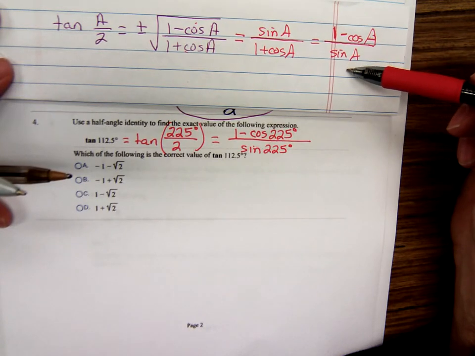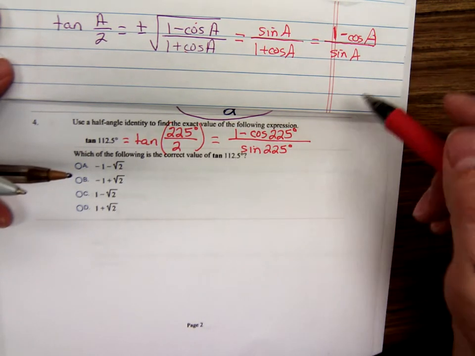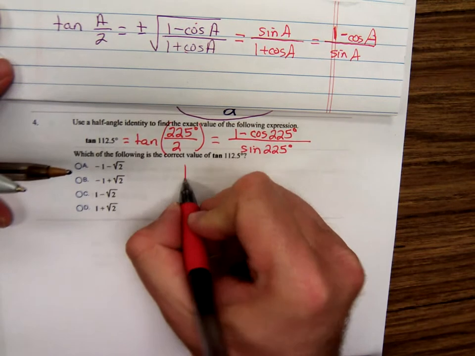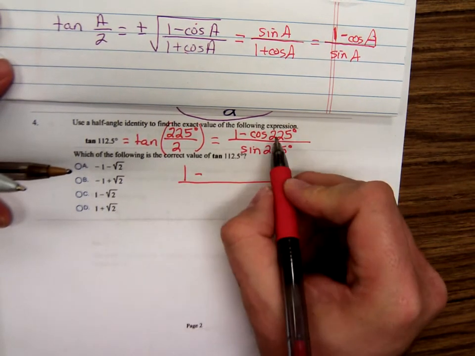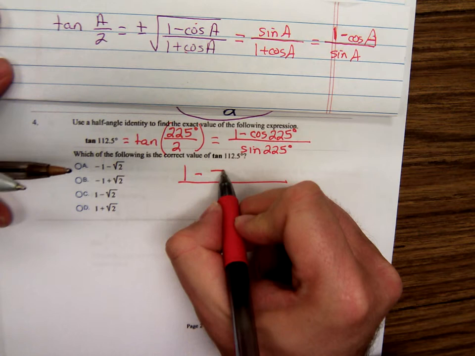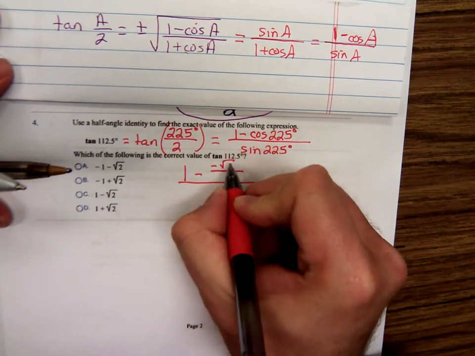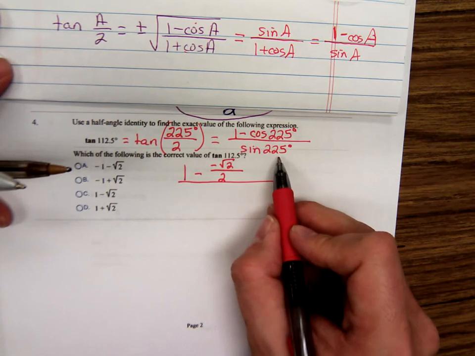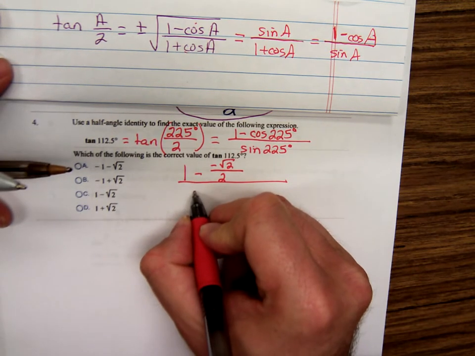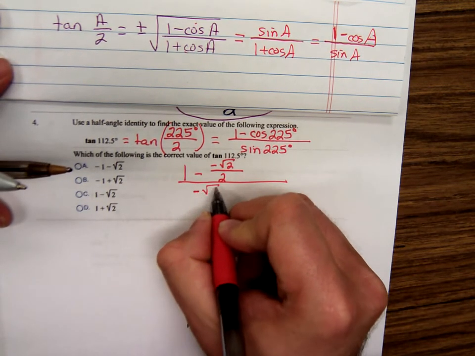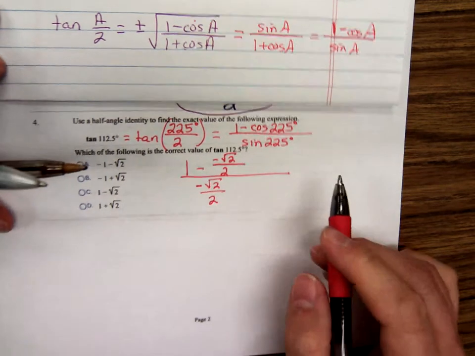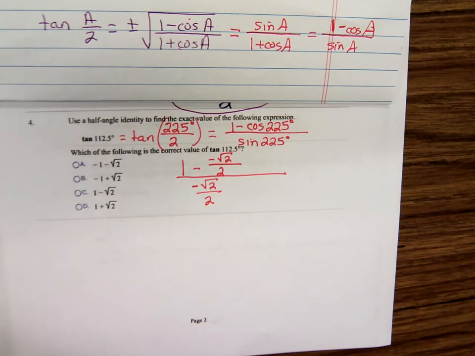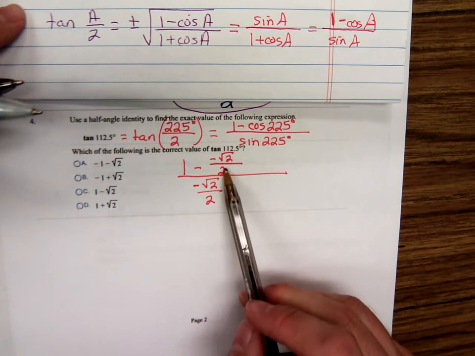And I see Catherine looking at a unit circle, so do you want to help us out? Cosine 225 degrees is? Negative square root 2 over 2. Uh-huh. While sine 225 degrees is? Same thing. Negative square root of 2 over 2. So I'll replace cosine 225 degrees with negative square root of 2 over 2.